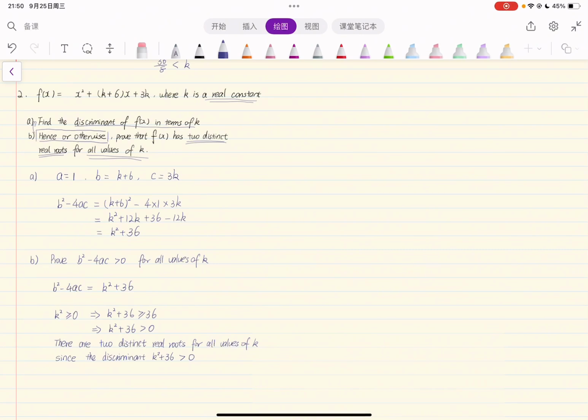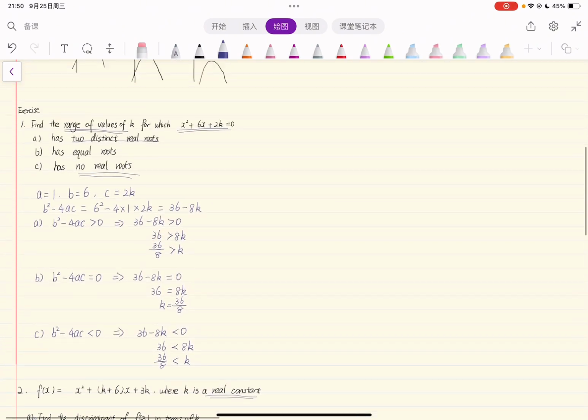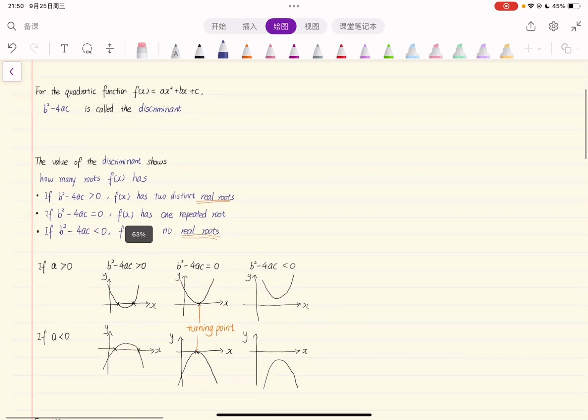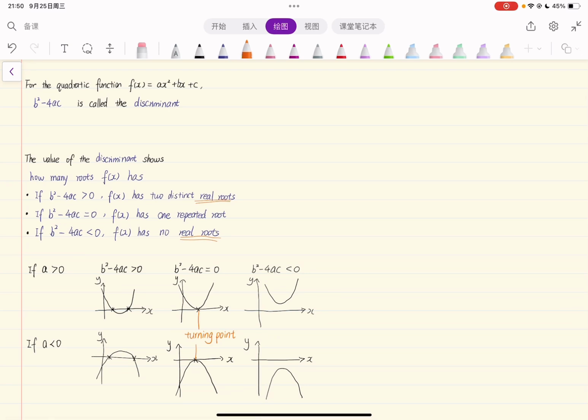Well, for the conclusion, it's just the knowledge over here. So we need to know what the discriminant is. That is b squared minus 4ac, and it works for the quadratic function. So the value of the discriminant can be used to determine how many roots the function has.